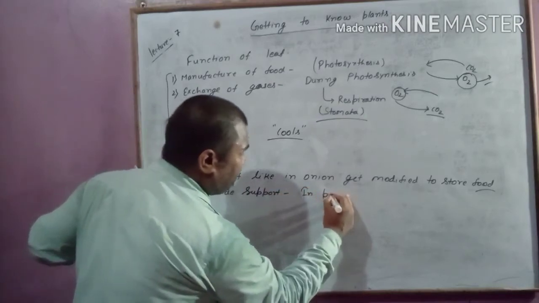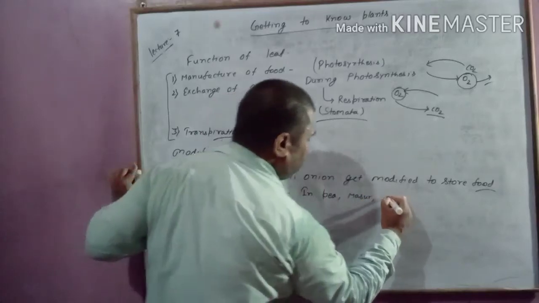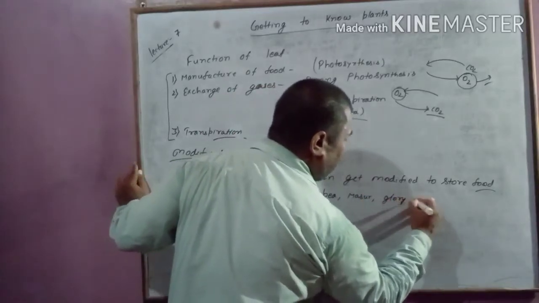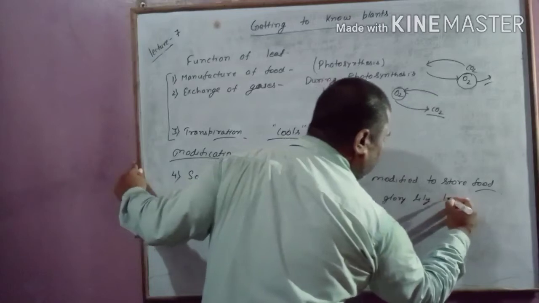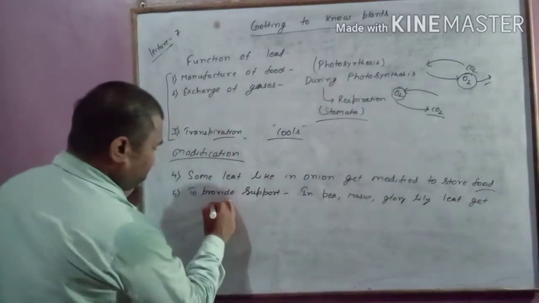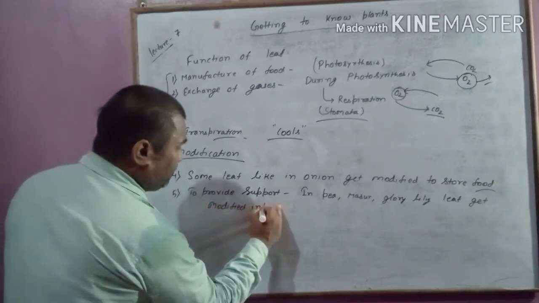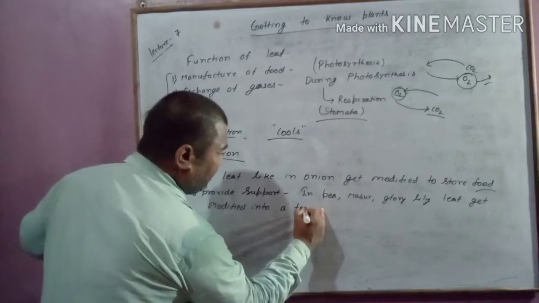in pea, masoor, glory lily. Leaf get modified into a tendril.